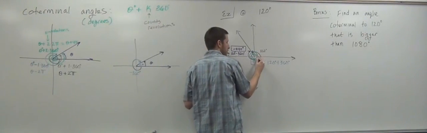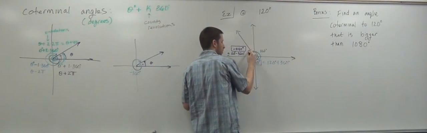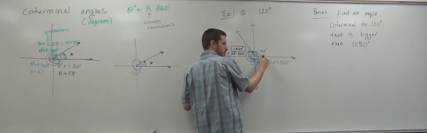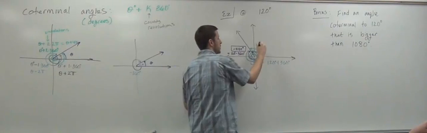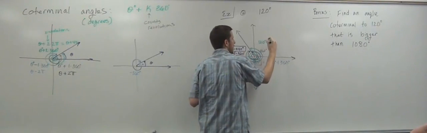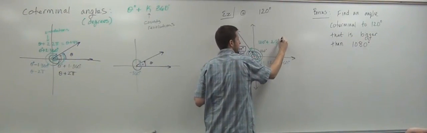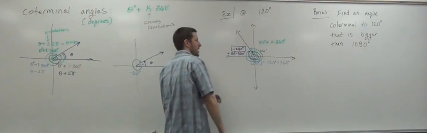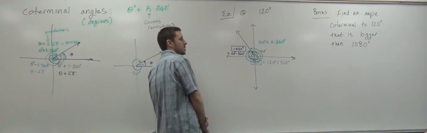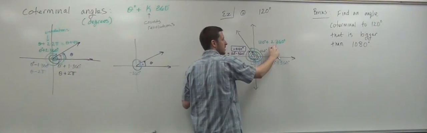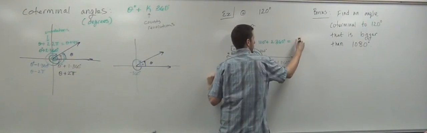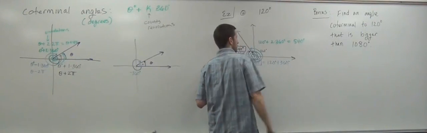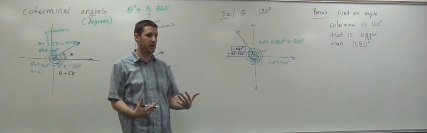If you go 1 revolution, it's 480. If you go 2 revolutions, what would that angle be? You'd have to do 120 plus 2 times 360, because you went 2 extra revolutions. So 720 plus 120, 840. Big enough? No, but another 360 should do it.